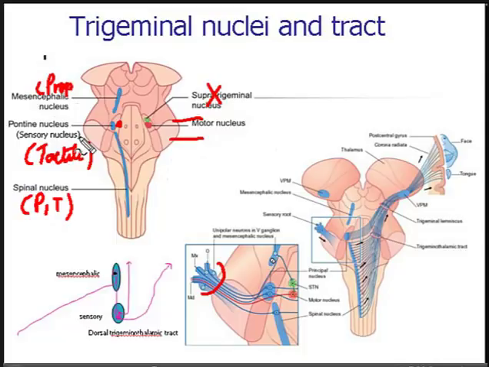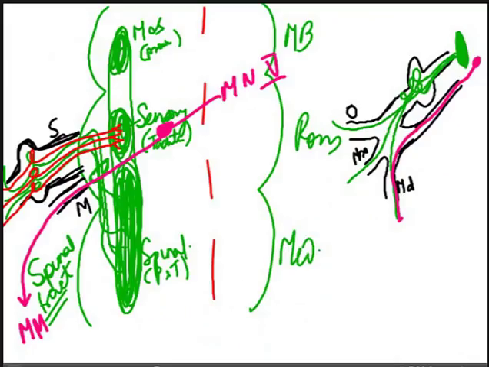So let's say that the fibers have come in to the spinal and sensory nuclei. From each of the three divisions, fibers come in. The first order neurons, to go back, are within the trigeminal ganglion.